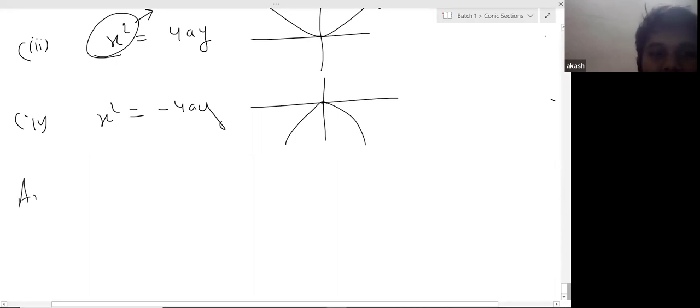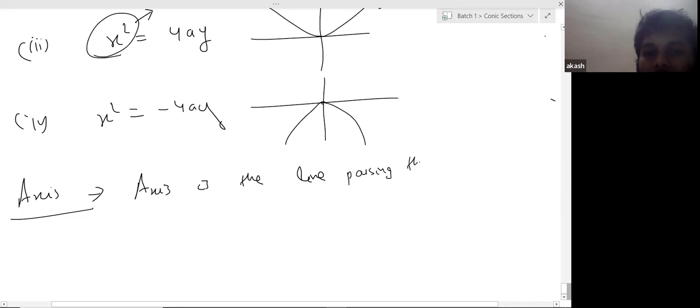Now, what is the axis of a parabola? The axis is the line passing through the focus and perpendicular to the directrix.